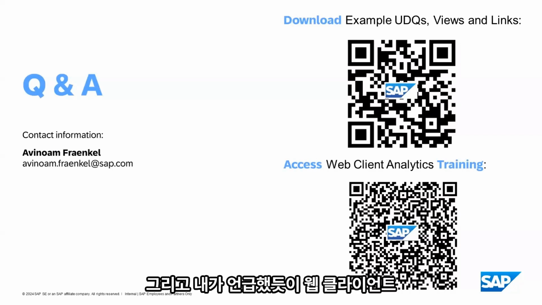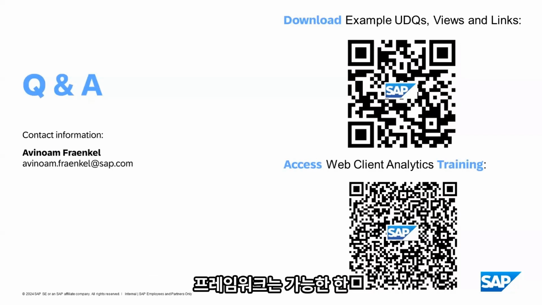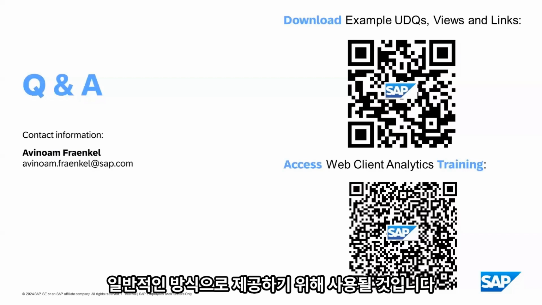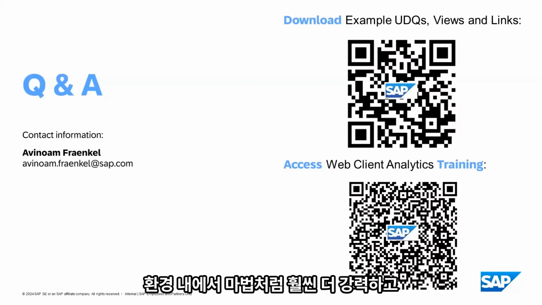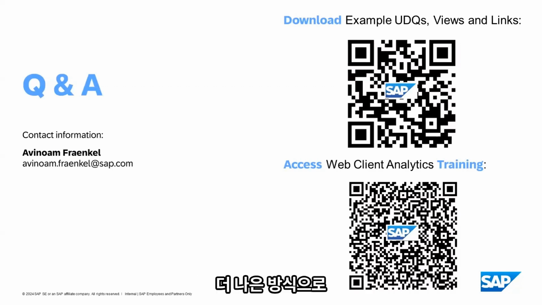The web client framework will be used in order to provide, in as generic a way as possible, all of our reporting assets, including the legal reporting, including balance sheet, profit and loss, cash flow, etc. All of the reporting assets will eventually end up, hopefully sooner rather than later, within the web client environment, but in a hopefully much better, much more powerful way, taking advantage of all the web client analytics features.